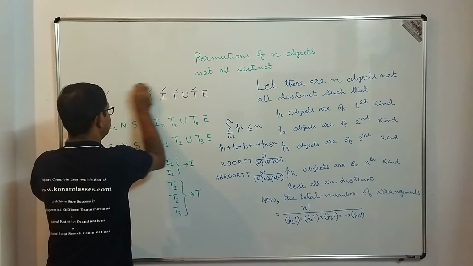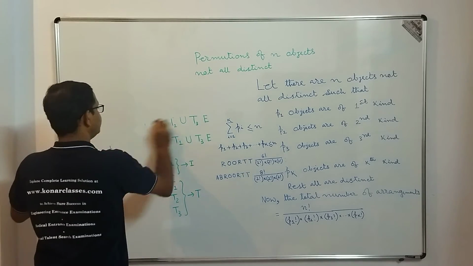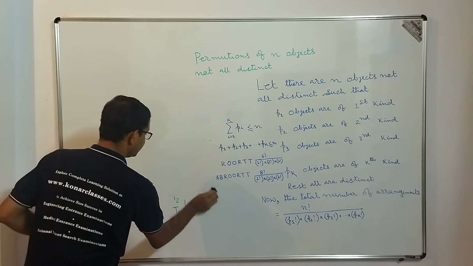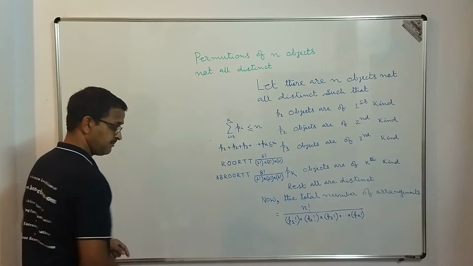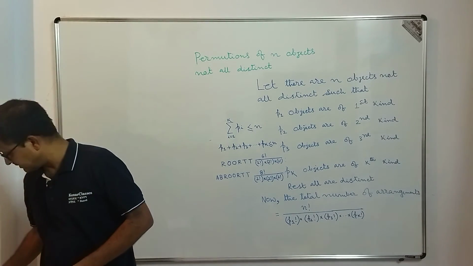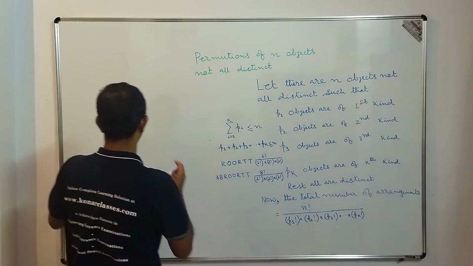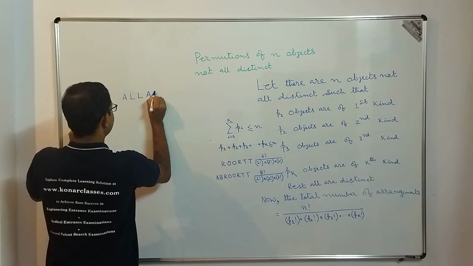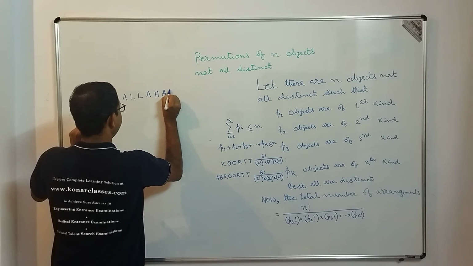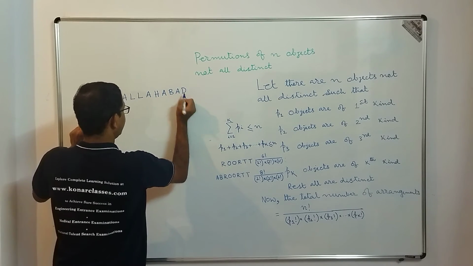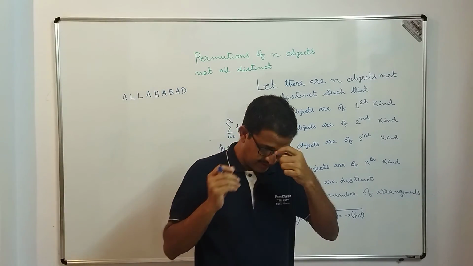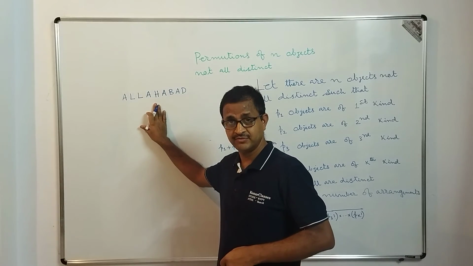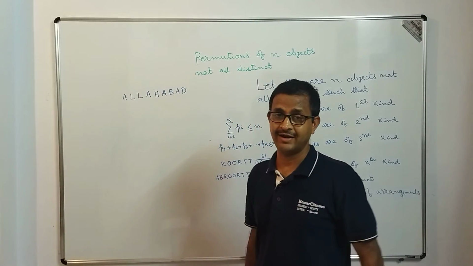If the question is to find the number of arrangements possible using the letters of the word Allahabad, A L L A H A B A D. I repeat, let us find the number of arrangements possible by taking the letters of the word Allahabad.